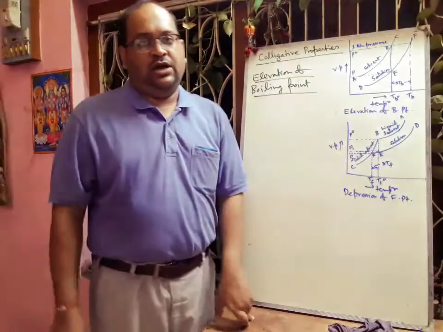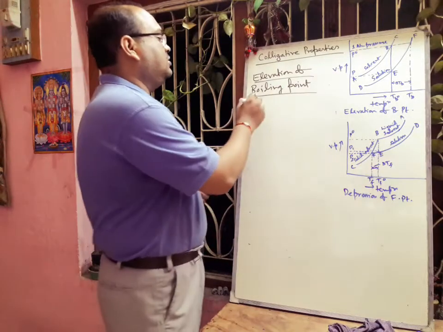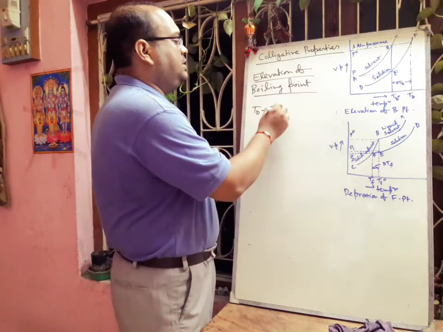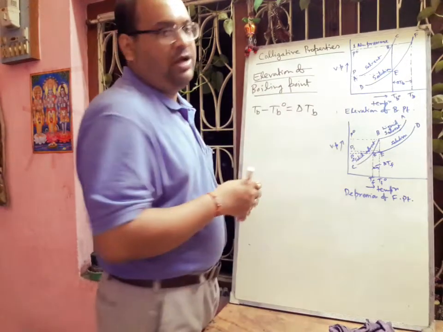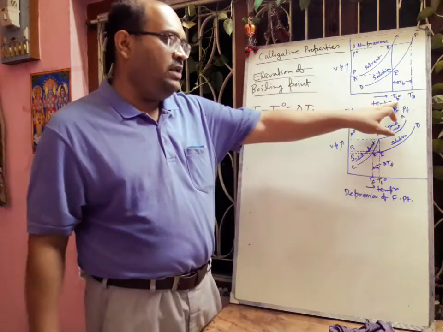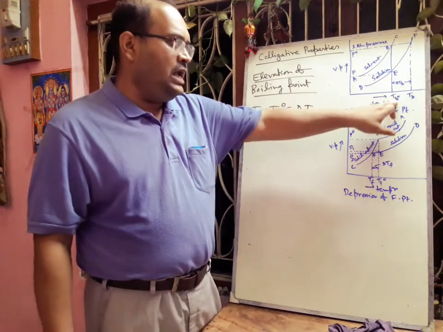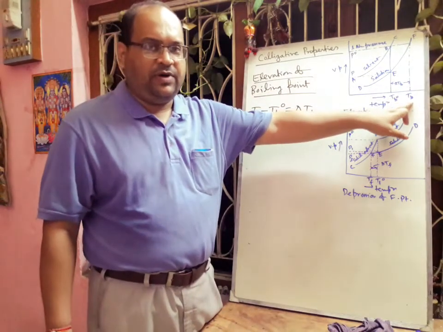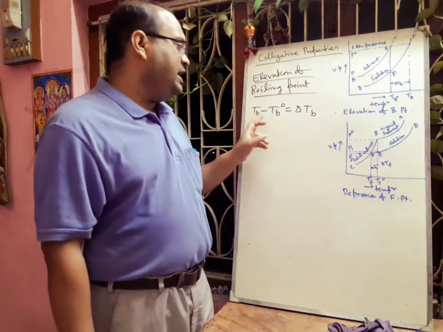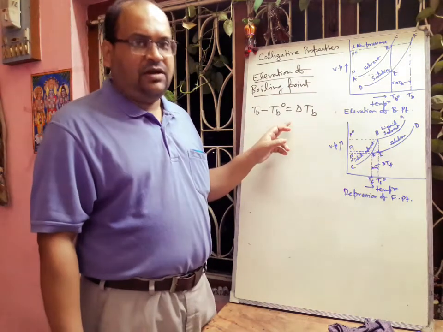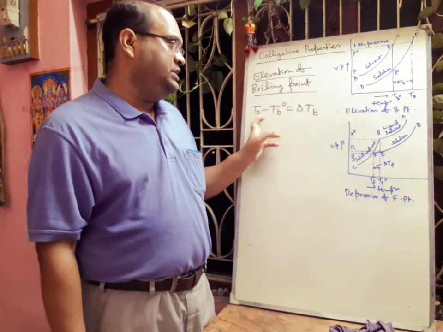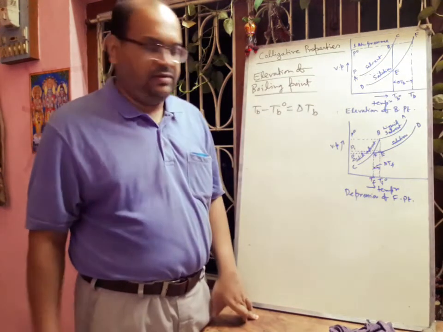Thus TB minus TB0, that we call delta TB, is the elevation of boiling point. So the pure solvent boiling point TB0 is lower, and TB is higher, that is the boiling point of the solution. So TB minus TB0 is called the elevation of boiling point of the solution. So this difference is called delta TB.